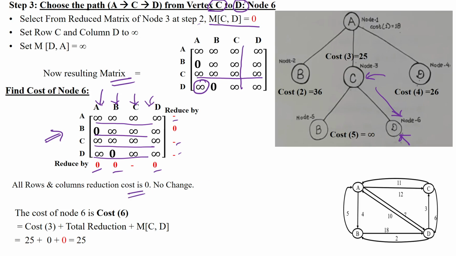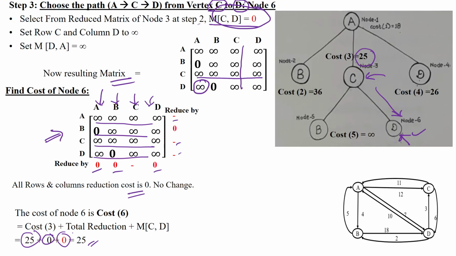So here total reduction is 0, but we have the cost until c, that is 25. Total reduction is 0, and M of c comma d is given as 0. So now the cost of a, c, d is 25.